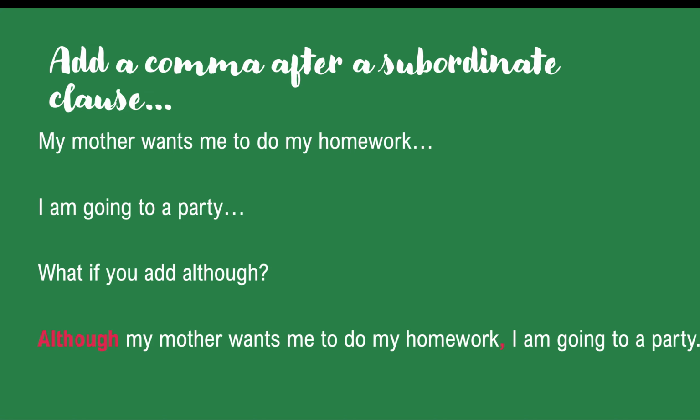Although my mother wants me to do my homework, do you see how that sounds incomplete? It's because you added although in there. My mother wants me to do my homework. That's an independent clause. But now you add although there, it makes it dependent to another clause, the independent clause that follows. Because of that, you want to add a comma.